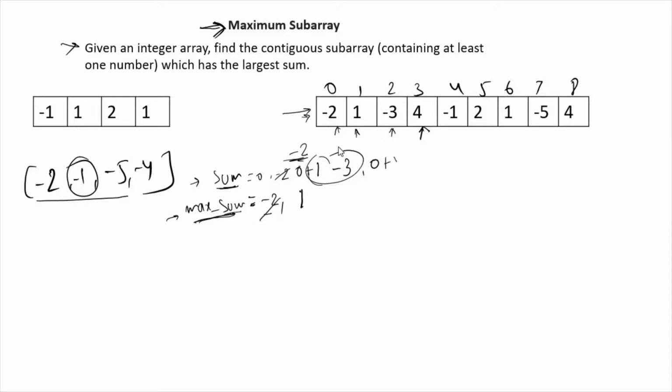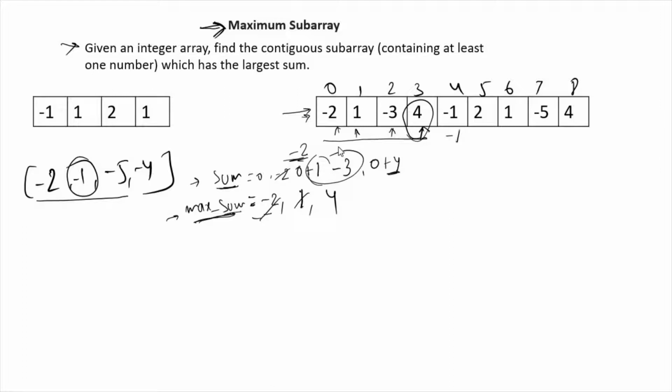Our sum is 0, so 0 plus 4 equals 4. Maximum sum is 1 and 4 is greater than 1, so maximum sum will be 4. Our answer is 4 till this point, meaning the maximum sum subarray is only one element.